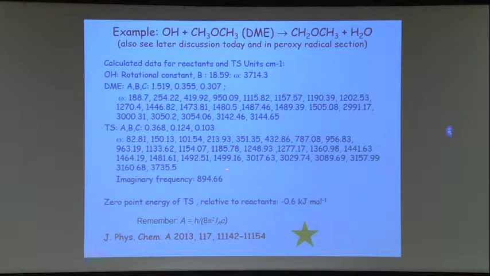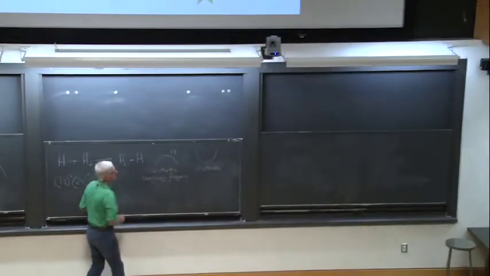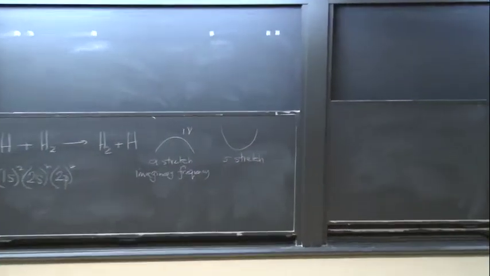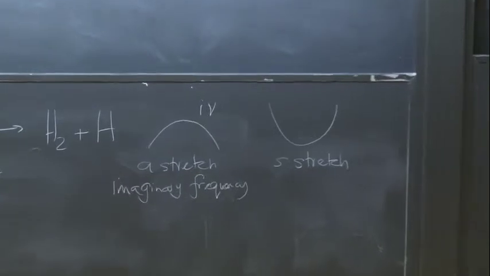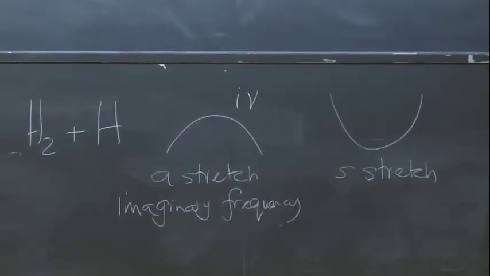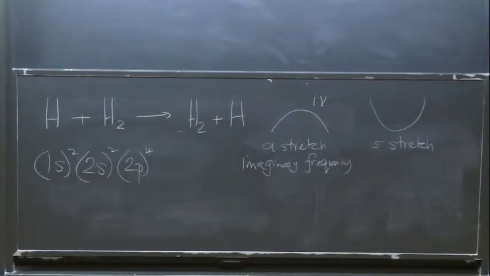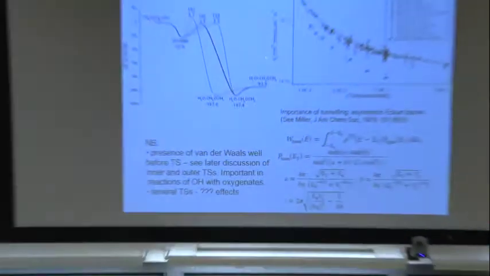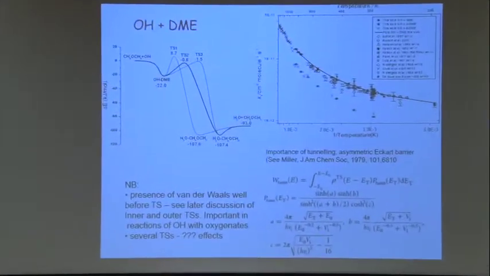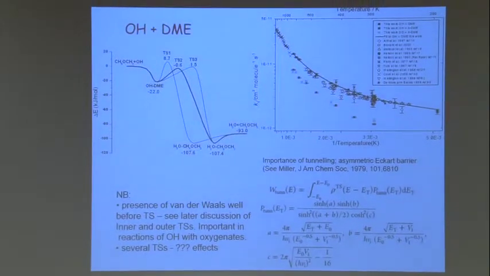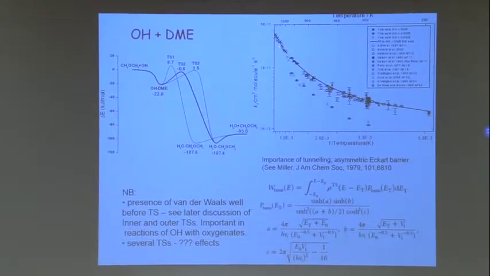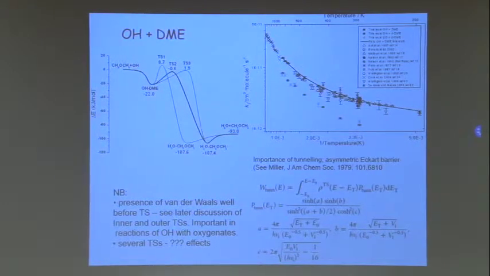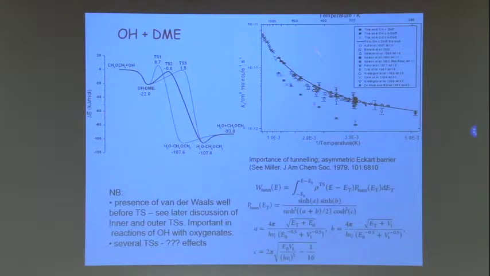And there's the imaginary frequency, which refers to this non-vibration there. And these are experimental results taken from that paper and calculations using transition state theory with some tuning of the parameters.